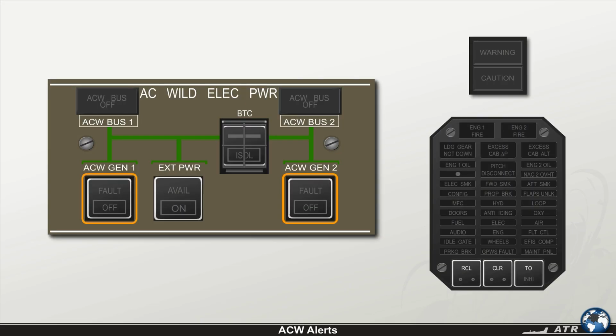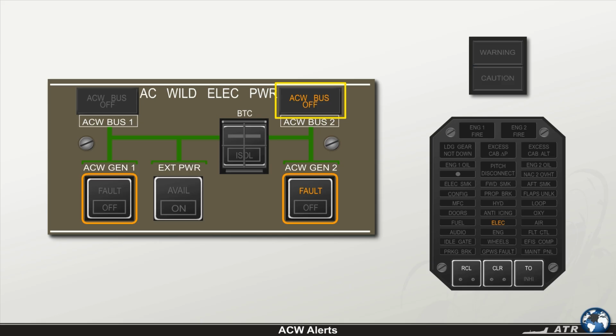The other possible indication is the illumination of the amber AC wild bus off light on the AC wild electrical power panel, if the associated main AC wild bus is no longer supplied with electrical power. Here the CCAS is also activated.